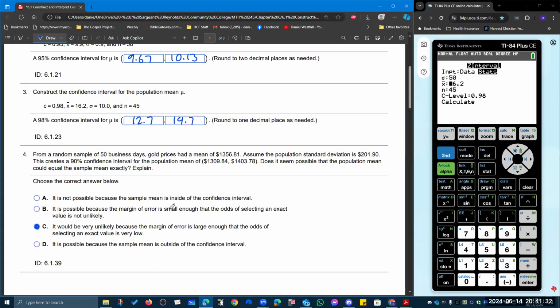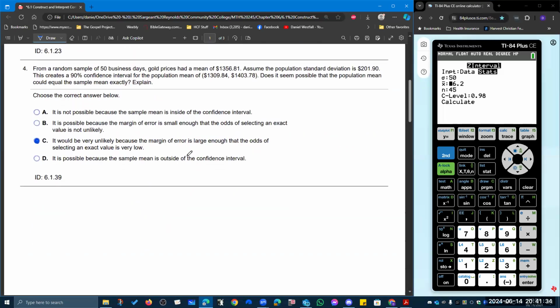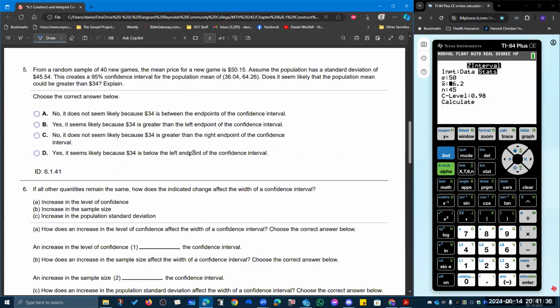So there we go. Does it seem likely that the population mean could be greater than 34? Yes, because 34 is smaller than the left-hand bound.